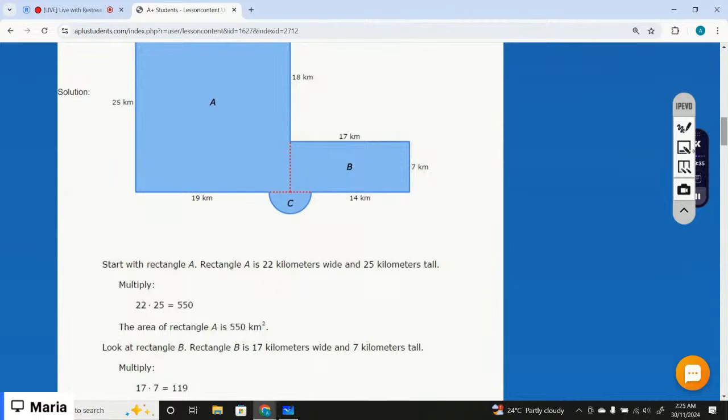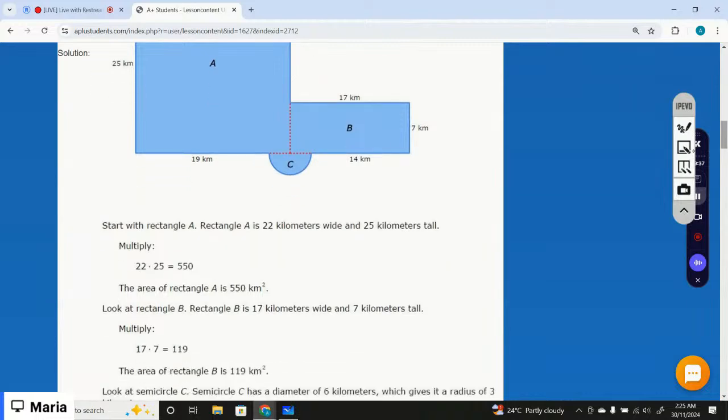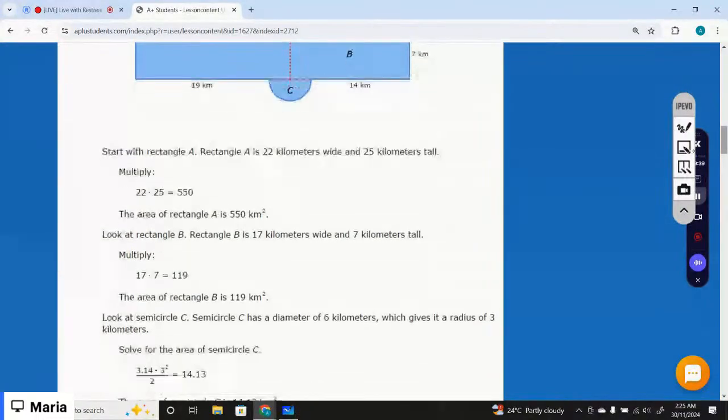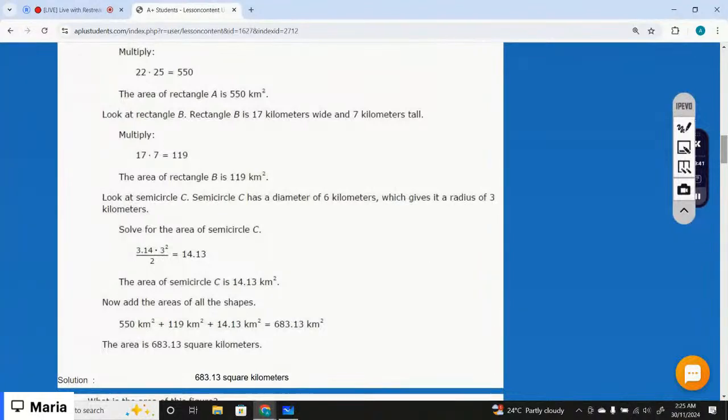The area of the rectangle is length times width, and area of B is length times width. Calculate the area of the semicircle, that is pi r square divided by 2, that is 14.13. So you just have to add them, 550 plus 119 plus that.